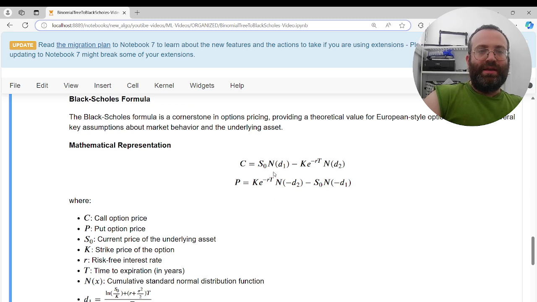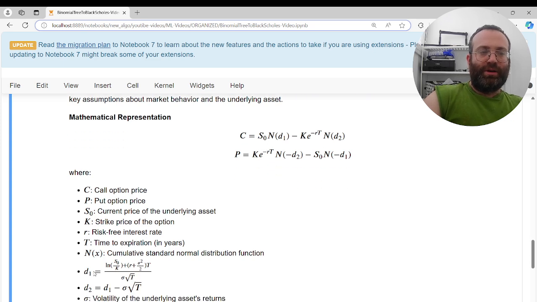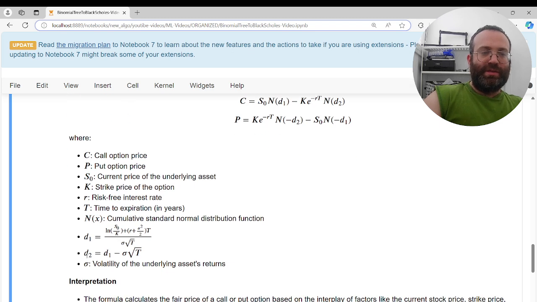N is the cumulative normal distribution, and it's applied to this d1 quantity, which is the log of the initial stock price over the strike plus risk-free rate plus volatility squared over 2 times time to expiry, over volatility times square root of time to expiry. And d2 is d1 minus volatility times square root of time to expiry.